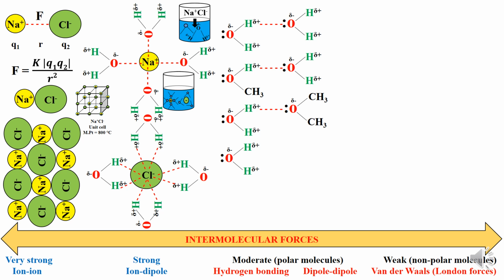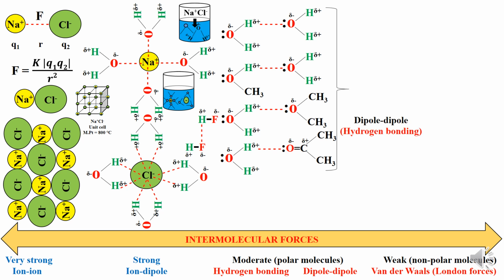Fourth example, a hydrogen atom covalently bonded to an oxygen atom interacts with the electronegative oxygen atom of an acetone molecule. Fifth example, a hydrogen atom covalently bonded to a fluorine atom interacts with the electronegative fluorine atom of another hydrogen fluoride molecule.